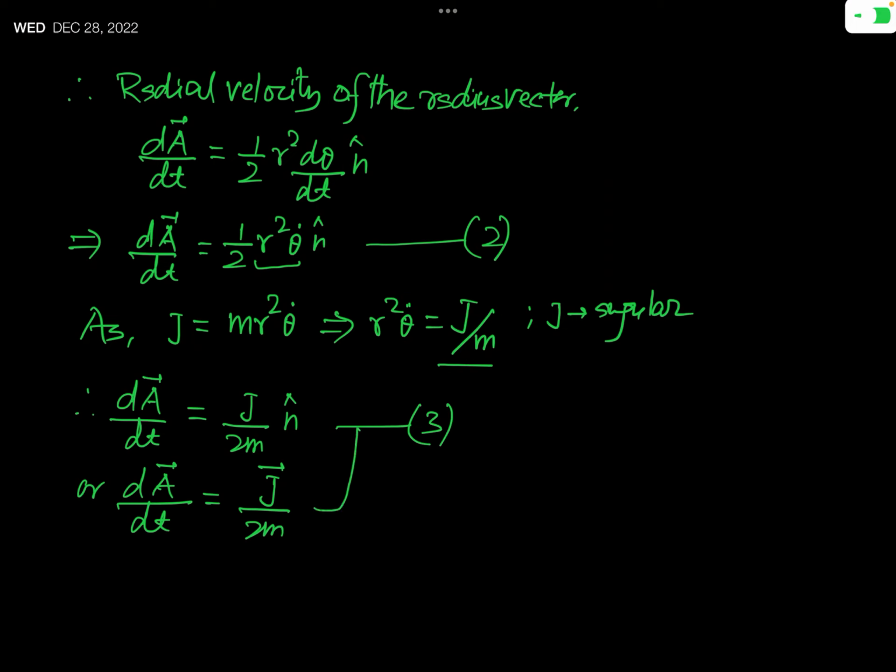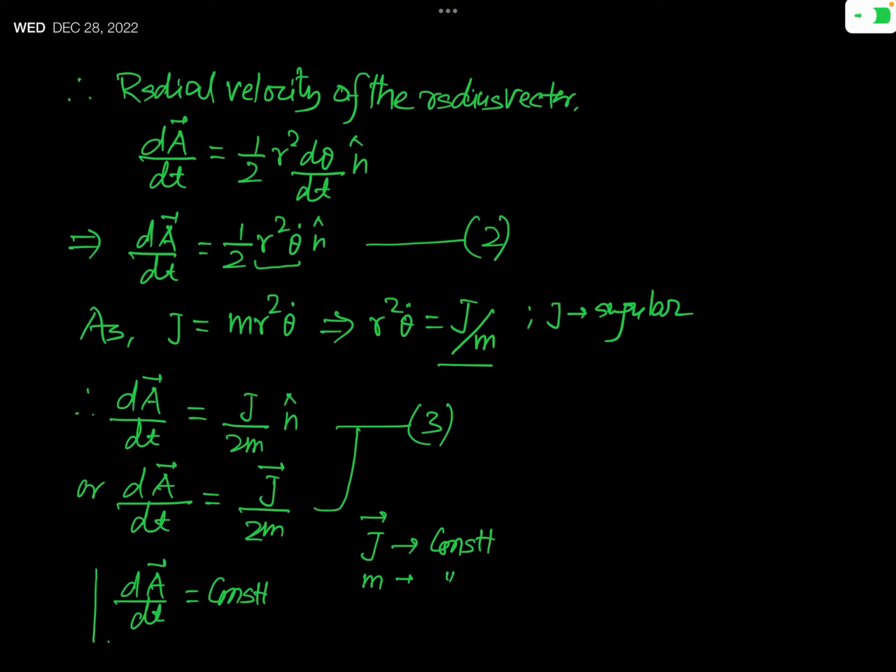So you can also say dA by dt equals J over 2m. As we have studied earlier, the angular momentum of the particle remains constant in a central force field, and in classical physics the mass of the particle also remains constant. This is actually the reduced mass. So we can say that dA by dt is equal to constant.